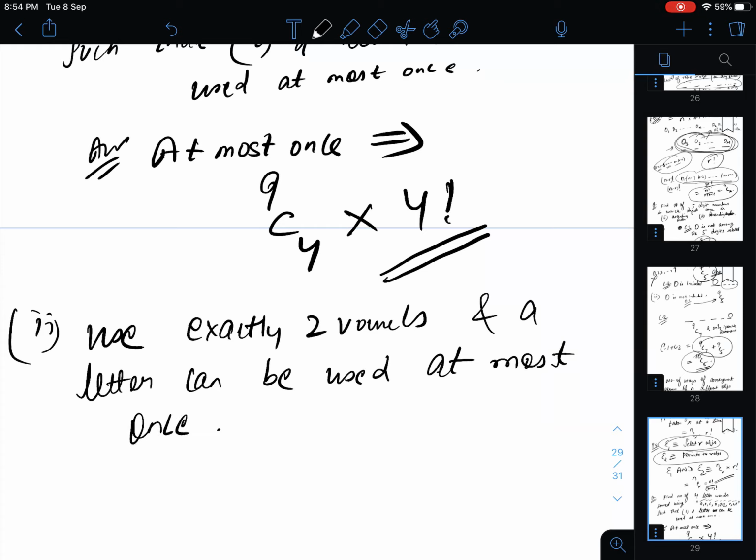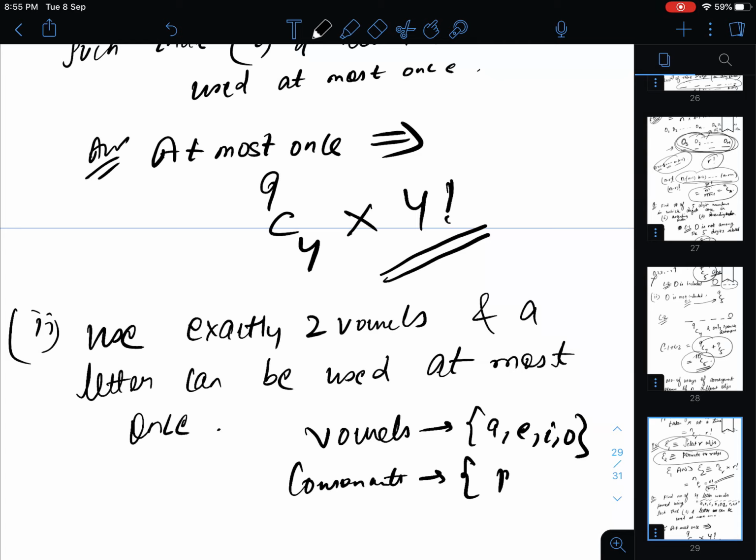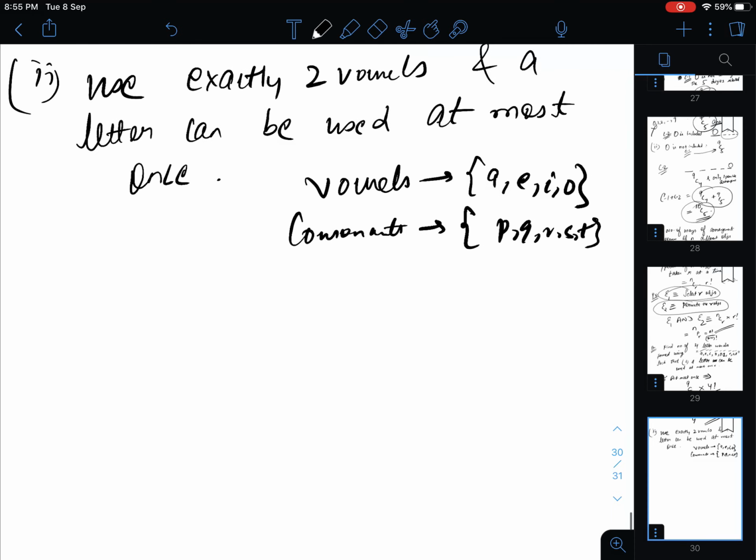Now you see the vowels are A, E, I, O and the consonants are P, Q, R, S, T. So we have to use exactly 2 vowels. The first thing is, let's say we select the 2 vowels in 4C2 ways. 4C2 denotes select 2 vowels.